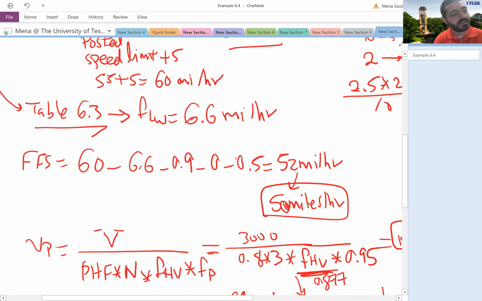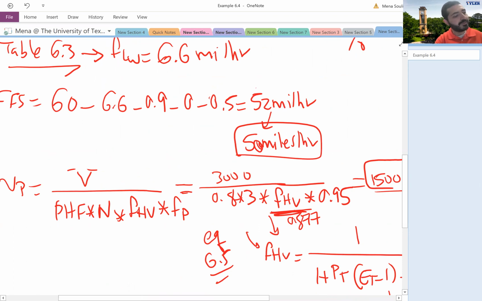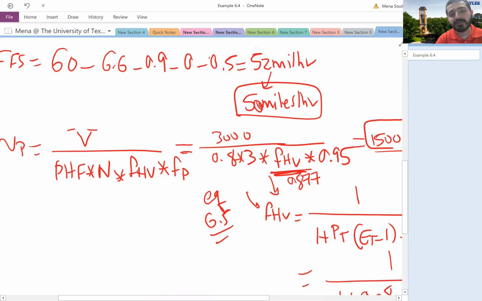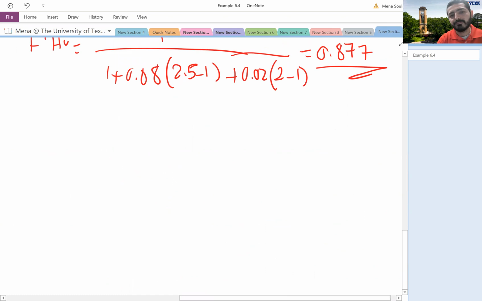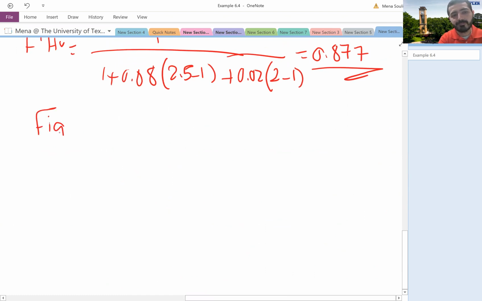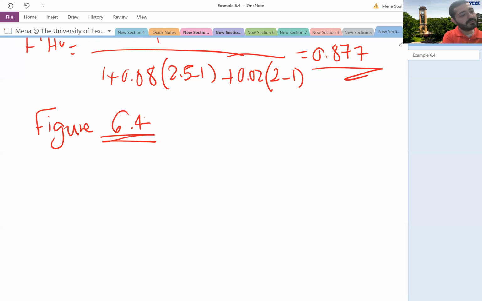Now we need to use a different graph to get to level of service. That's going to be figure 6.4, and again, it reads multi-lane highway. We're going to use the two numbers that we got, the free flow speed as well as the VP.